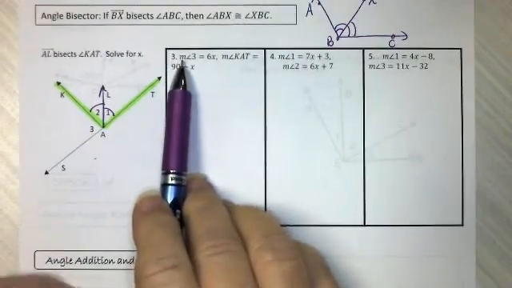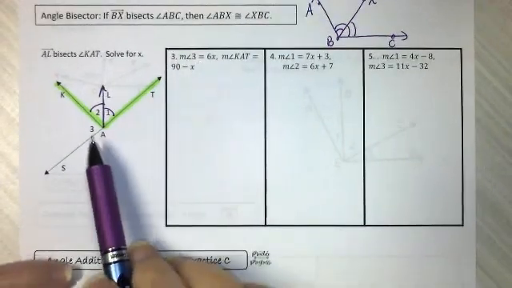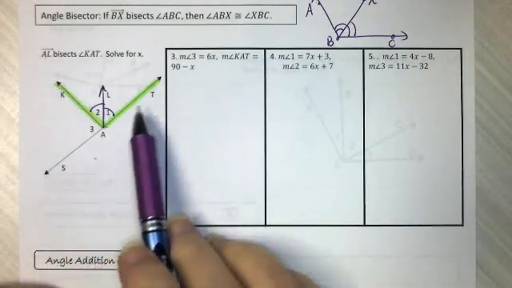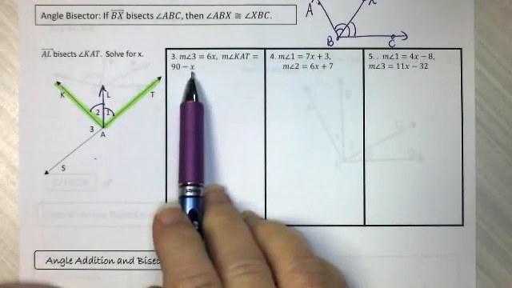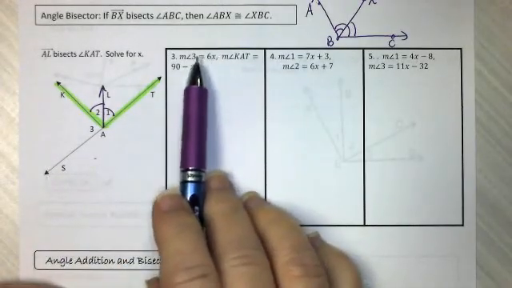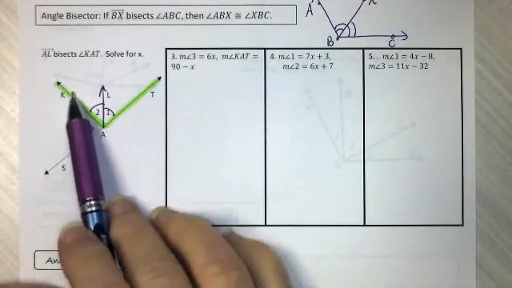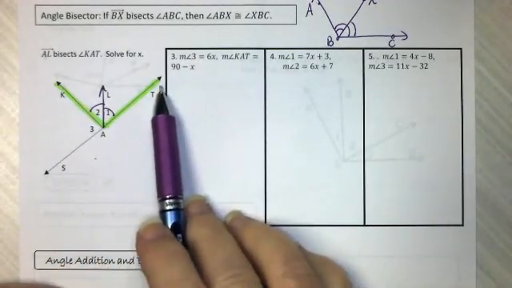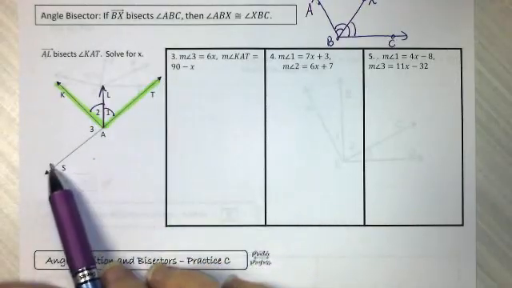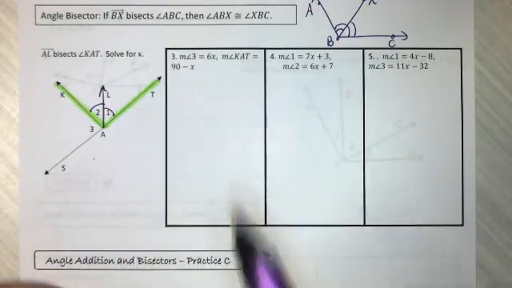So here it says angle 3 is 6x. The measure of angle KAT is 90 minus x. So looking at the picture, can I distinguish a relationship between angle 3 and angle KAT? I'm noticing that they're a linear pair. Together, they make a line.